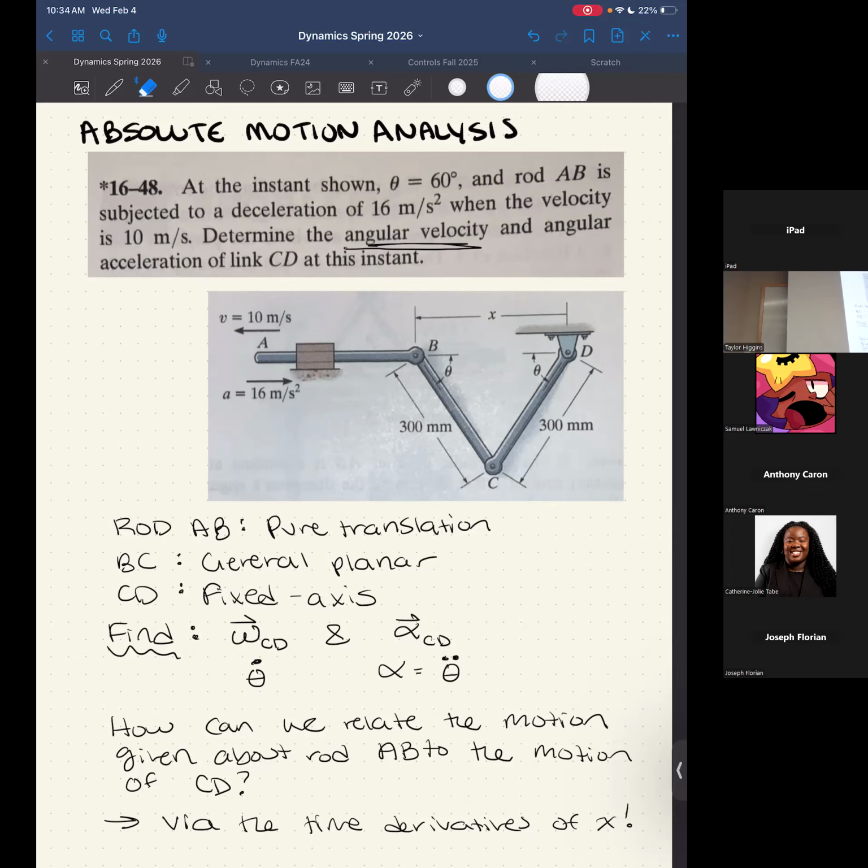Write an expression for x that includes theta. So, in fact, tell me, is the velocity of x related to the velocity of theta?